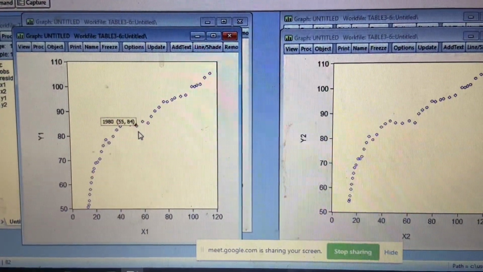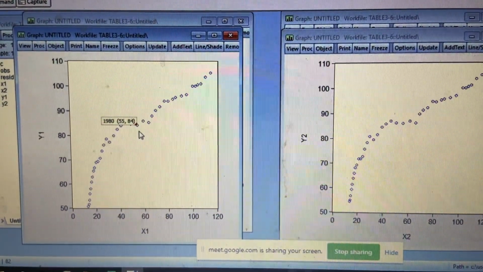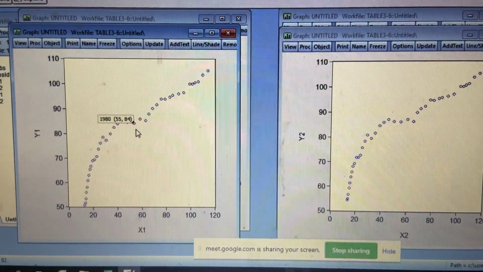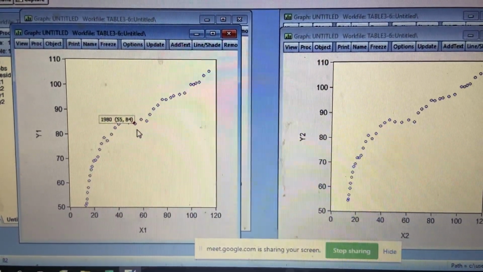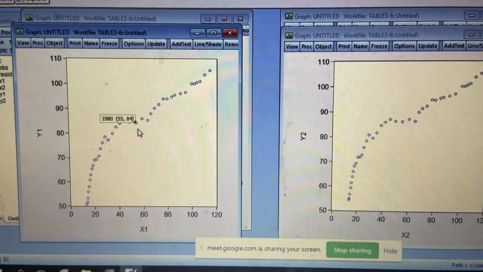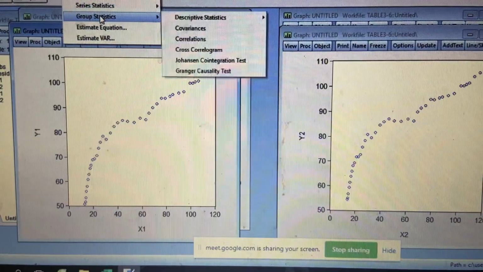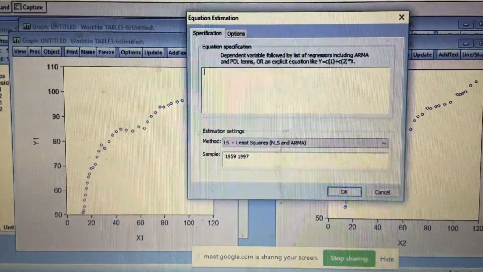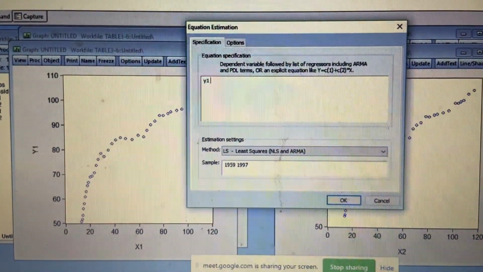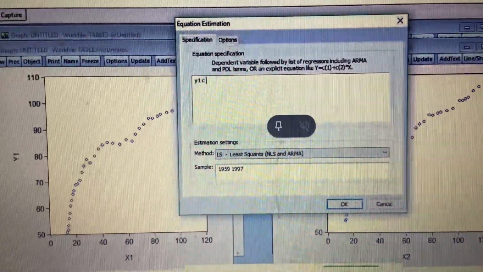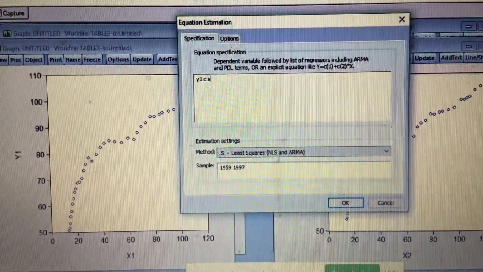Now question 3: estimate the OLS regression of Y on X for the two sectors separately and compare the results. So the next one is the estimated equation, right? So we have y1 c, where c is a constant, and x1.